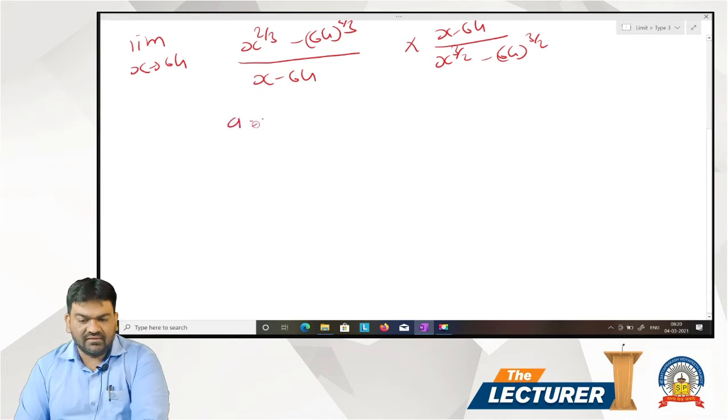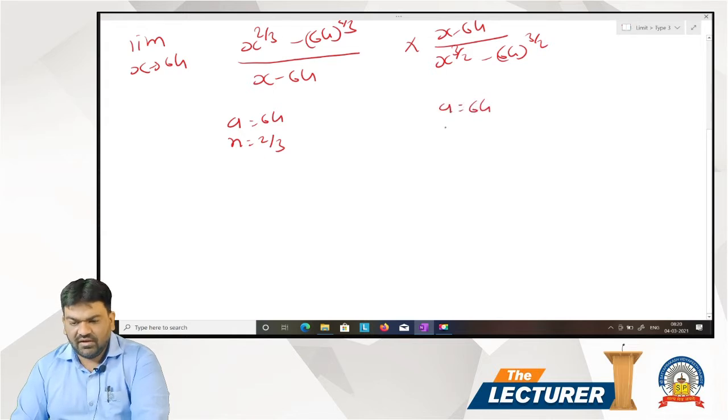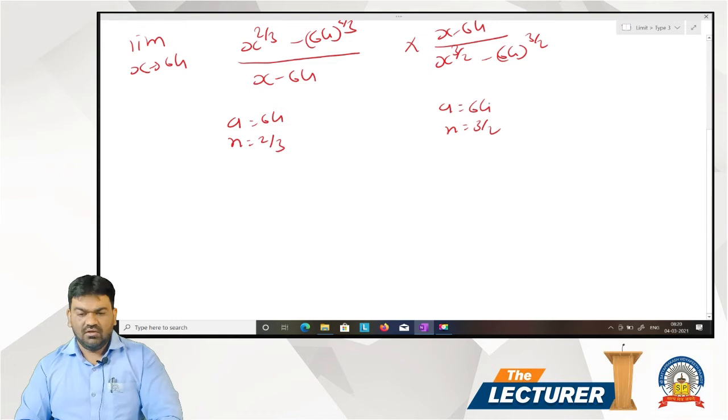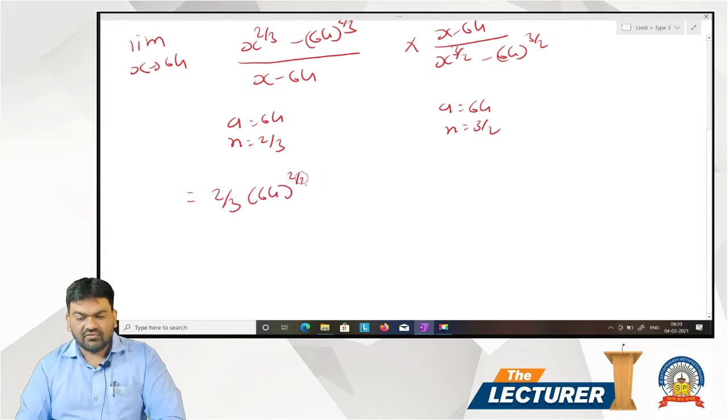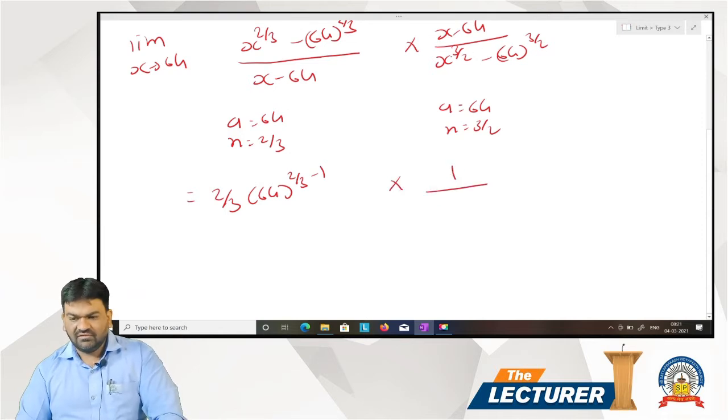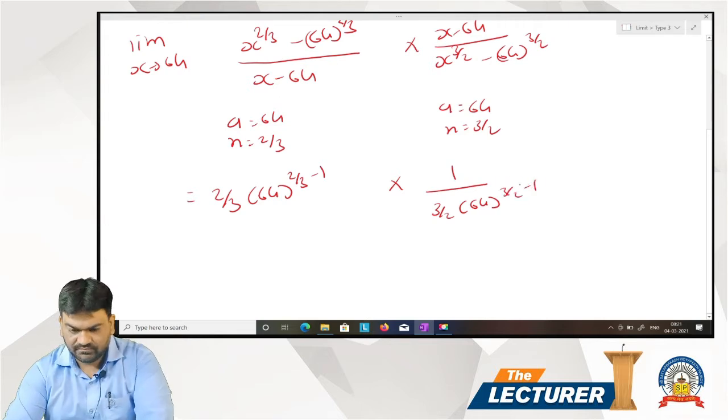Now here a is equal to 64, n is equal to 2 by 3, and in the denominator a is equal to 64, n is equal to 3 by 2. Limit: n multiplied by a, that means 2 by 3 times 64 raised to 2 by 3 minus 1, multiplied by 1 upon 3 by 2 times 64 raised to 3 by 2 minus 1.